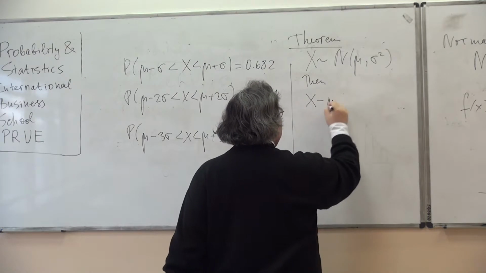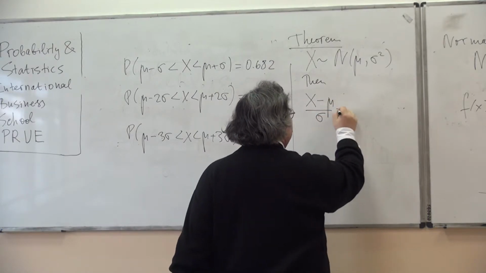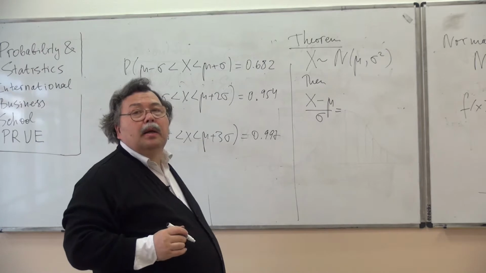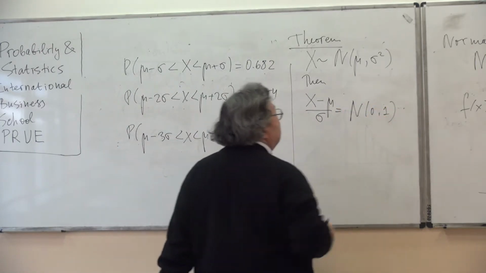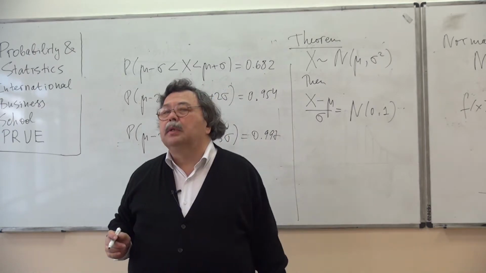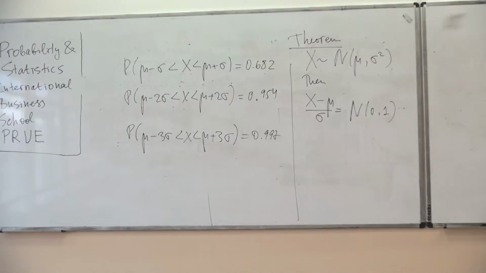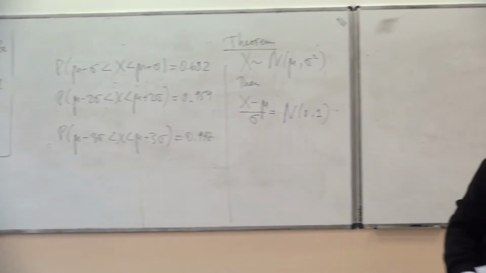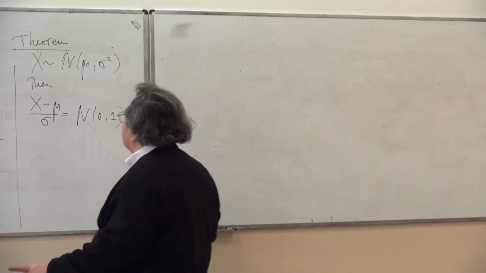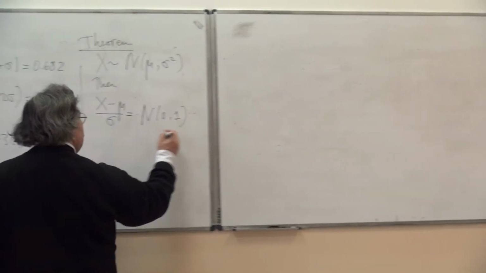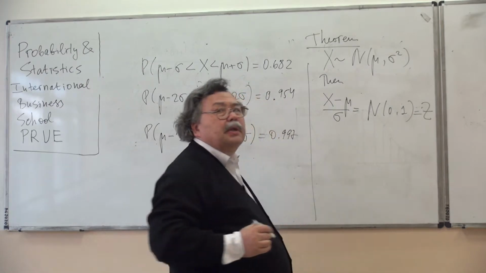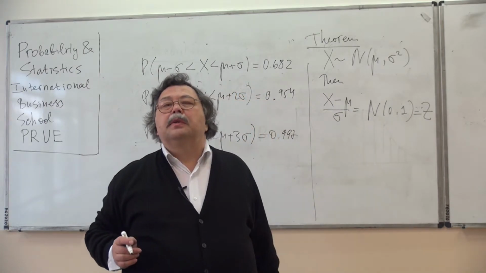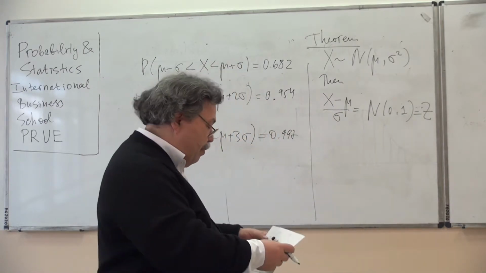Then x minus mu over sigma is normal with mu 0 and sigma 1. Now what is this standard normal distribution about? There is a name for it, z. This is a special name, z, reserved for the standard normal distribution.